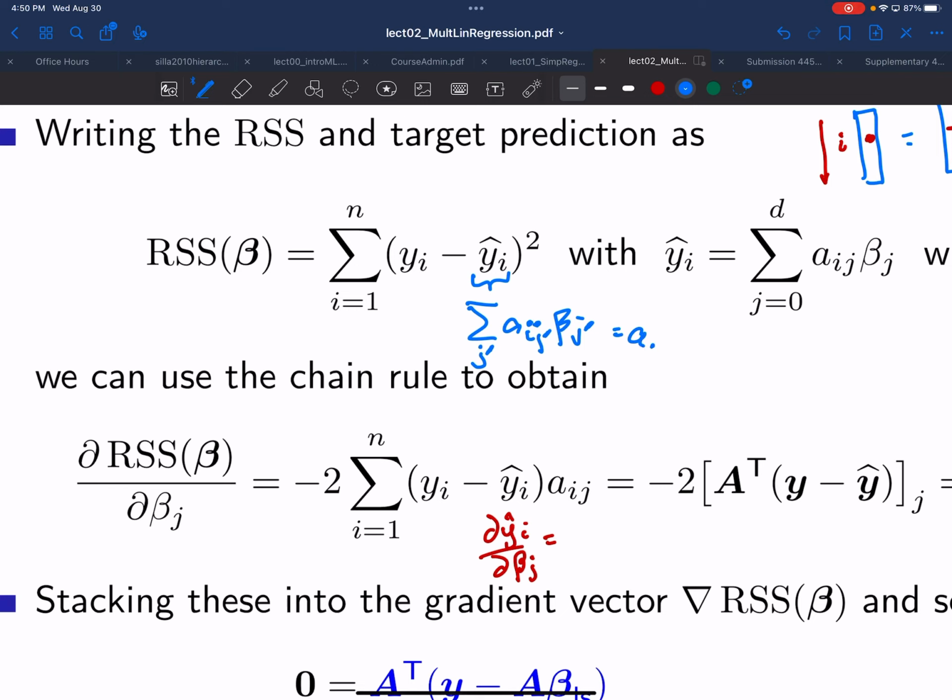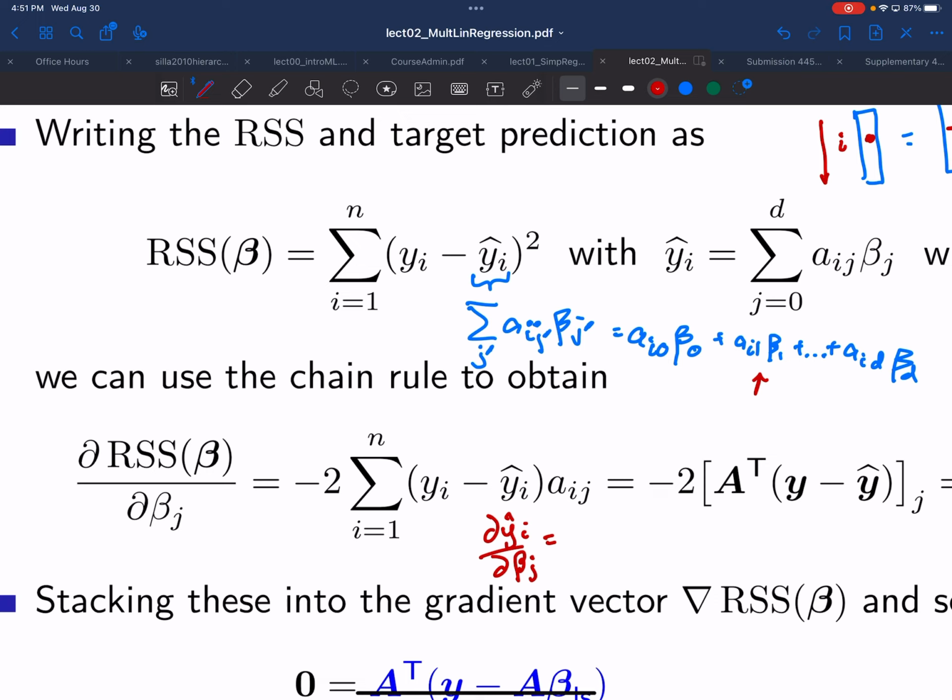We're going to have a i0 beta 0 plus a i1 beta 1 plus dot dot dot all the way up to a id beta d. And I want to take the partial derivative with respect to the jth one. The jth one is just some arbitrary one. Maybe it's here. So do you see what I'm going to get when I take the partial derivative with respect to the jth element in the sum?